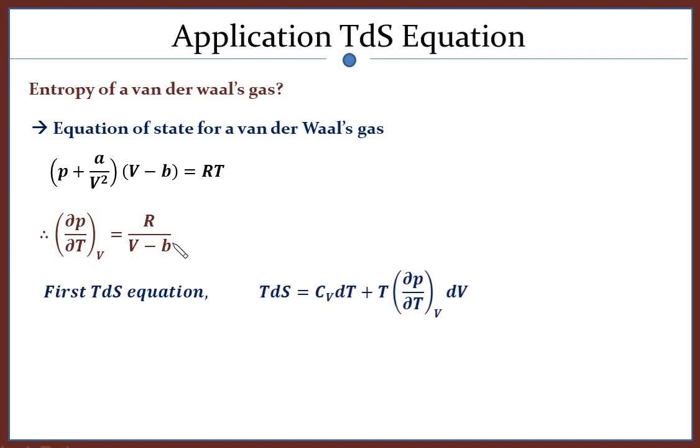From the first TdS equation we know TdS equals Cv dT plus T (del P/del T)_V dV. Just substitute del P/del T here and you will get dS equals, just take this T in the denominator, Cv/T into dT plus this T will cancel out with this, and for this (del P/del T)_V we will get R/(V minus b) into dV.